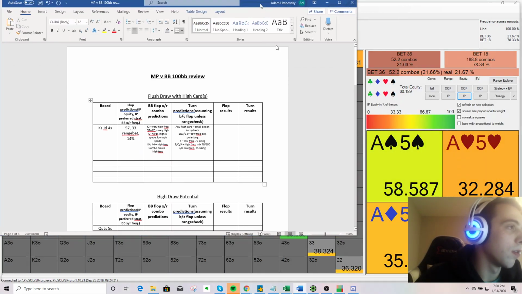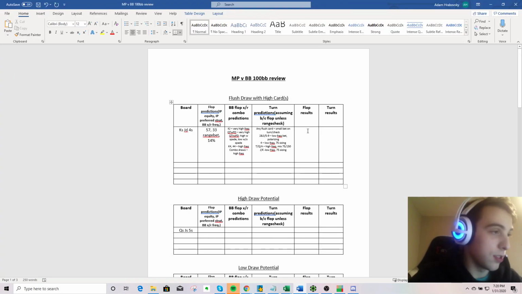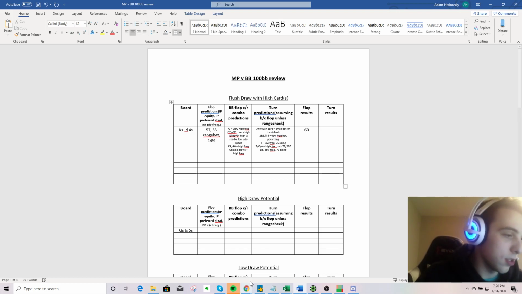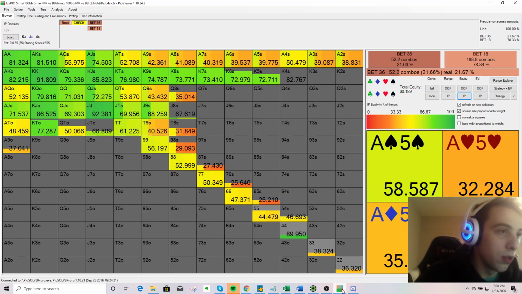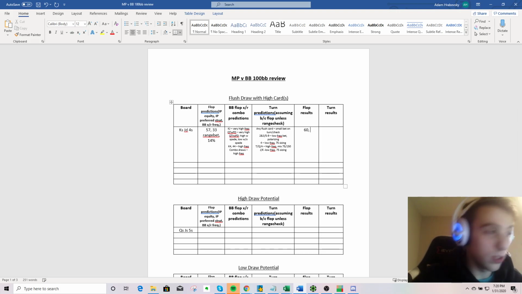Okay. So flop results, it's actually 60% equity. Preferred strategy, I guess, would be a 33 range bet. It was 33 range bets.